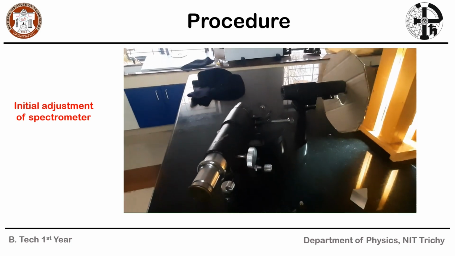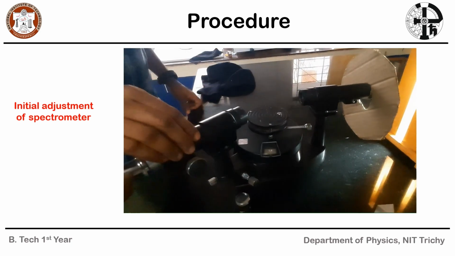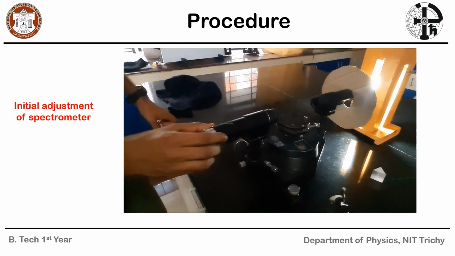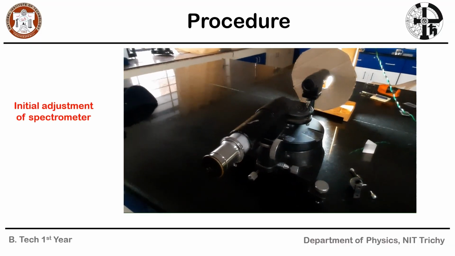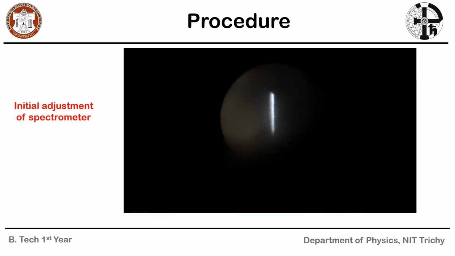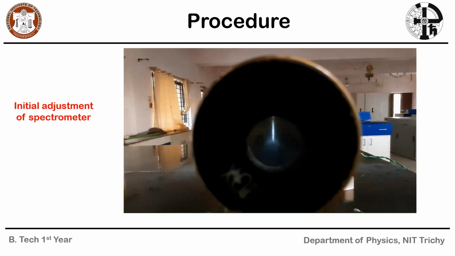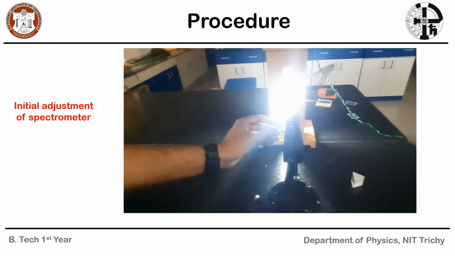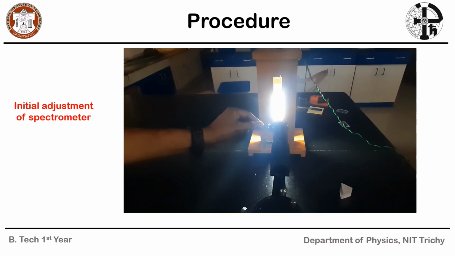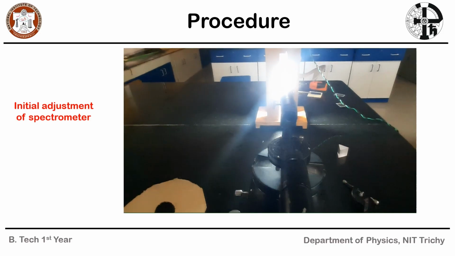Next, you align the telescope with the collimator. Then you see the light through the telescope. While seeing the light, by using this knob and the screw of the slit of the collimator, you adjust the light.